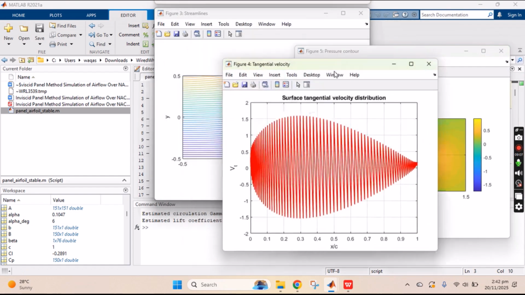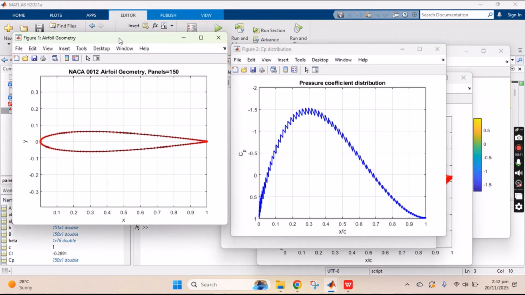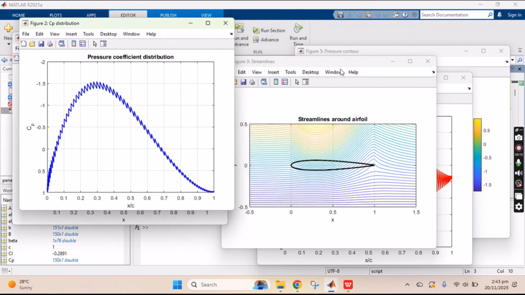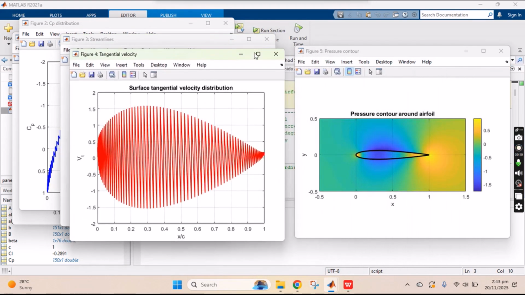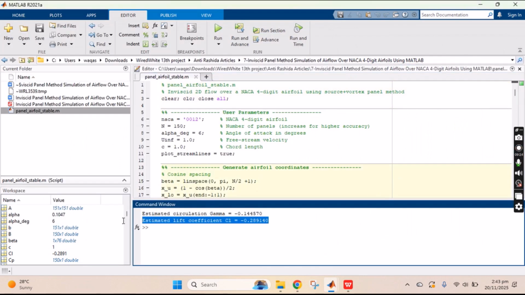See, these are the output results accordingly. This is the first airfoil geometry. This is the CP distribution, basically pressure coefficients. This is the streamlines, these are the tangent velocity, and these are pressure contours. And these are the output results for the estimated lift coefficient with the estimated circulation gamma values.